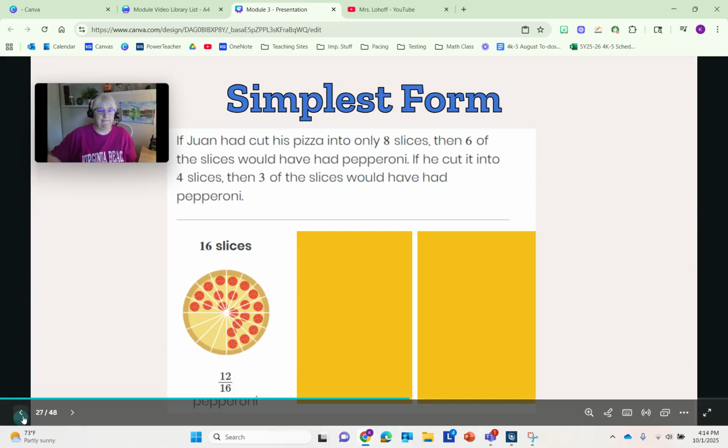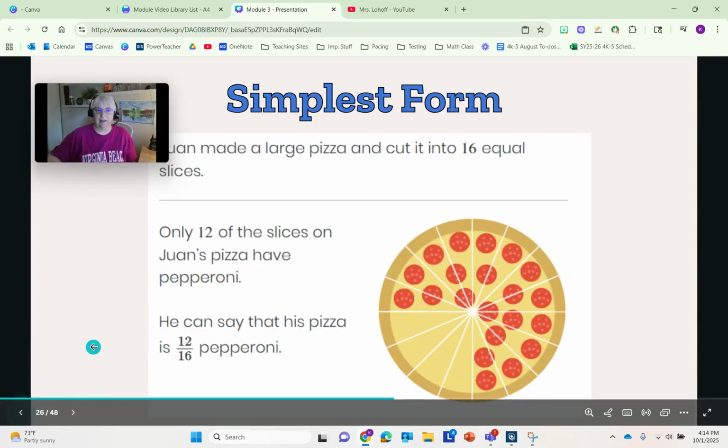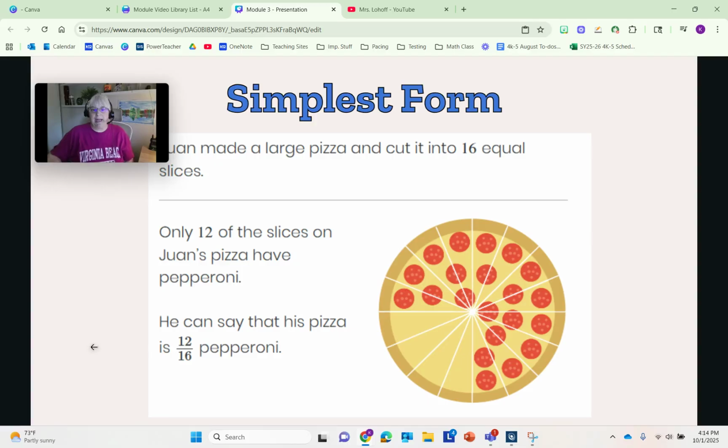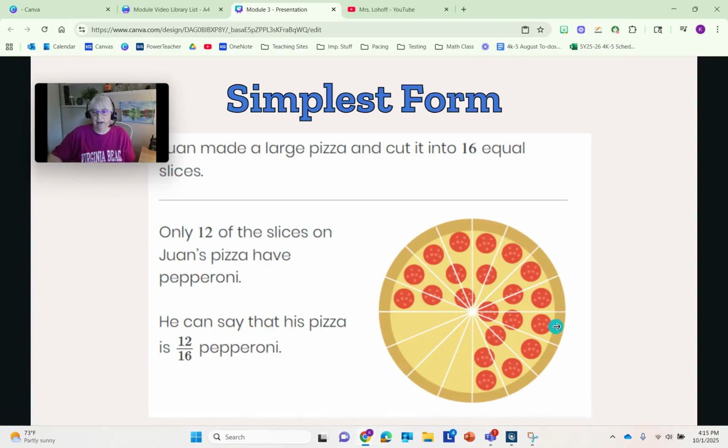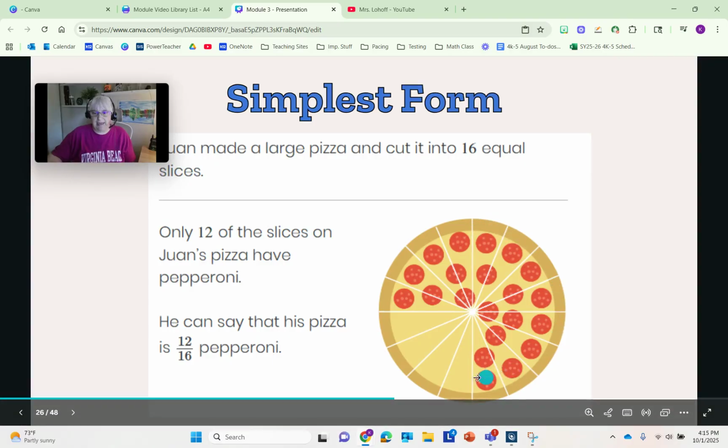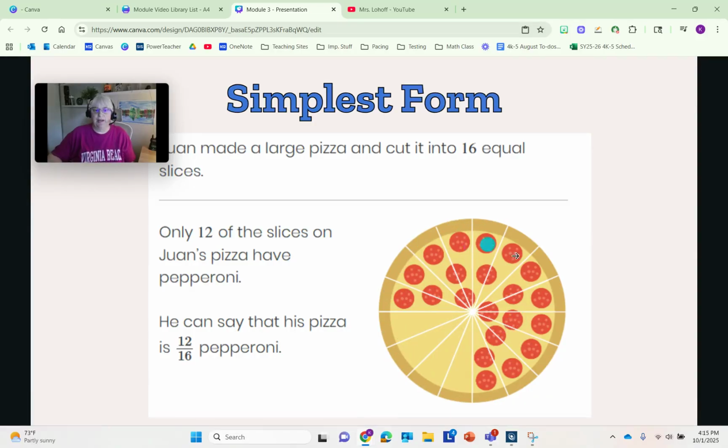This comes directly from your lesson pages. Juan made a large pizza and he cut it into 16 equal slices. So over here is his pizza. And if I count 1, 2, 3, 4, 5, 6, 7, 8, 9, 10, 11, 12, 13, 14, 15, 16, we have 16 pieces of pizza.